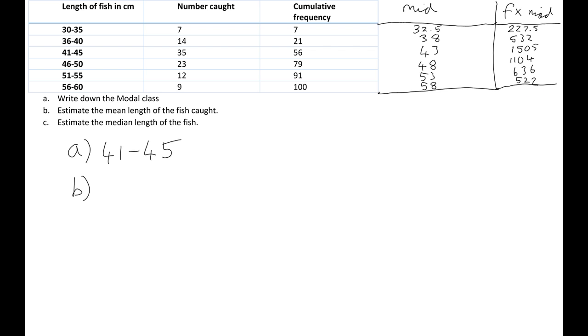Okay, so we will sum that up, and what we find is that equals 4526.5. So the mean equals 4526.5 over 100, or in other words, it's 45.265 centimetres.